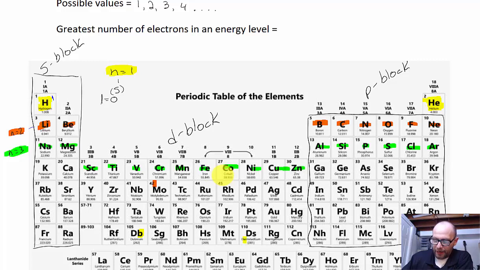If I pick an element in here, say molybdenum, Mo, right away I know its outermost electron will be in a d orbital. Done. If I pick xenon, I know its outermost electron will be in a p orbital.